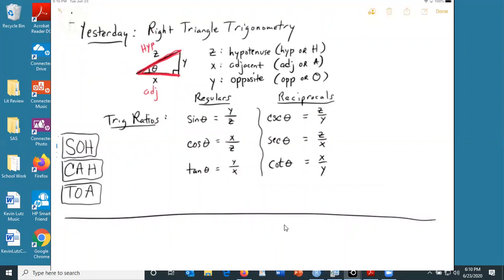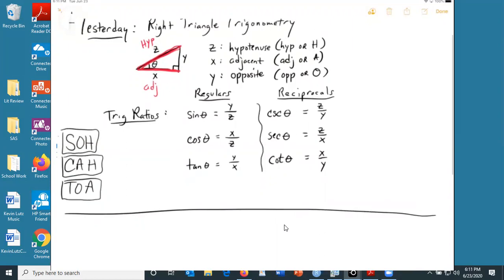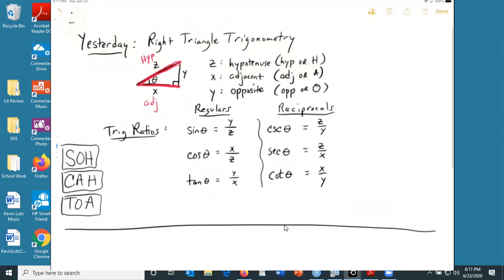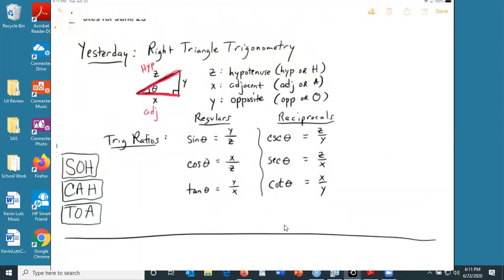All right, so that stuff I think is the most important thing that you should have memorized or at least understood from yesterday's lecture. So today we're going to be focusing on something a little more realistic. Yesterday we looked at right triangles, but I think we all know that not every triangle is a right triangle.